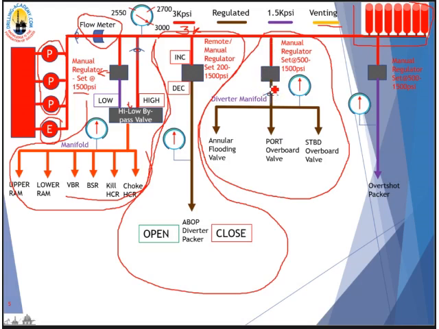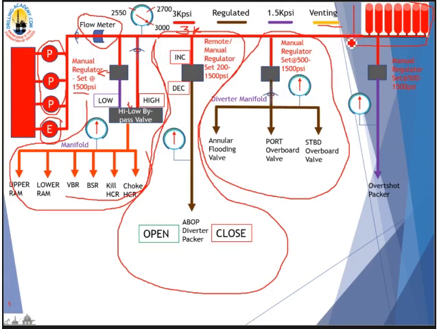This regulator is manually controlled only at the local cooling unit. You go down there and turn the handle to set it at your desired value. It is usually set in the range from 500 to 1500 psi here. You can't adjust it from the remote control panel.